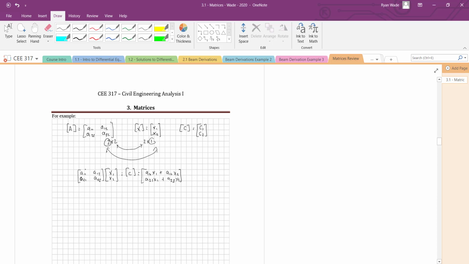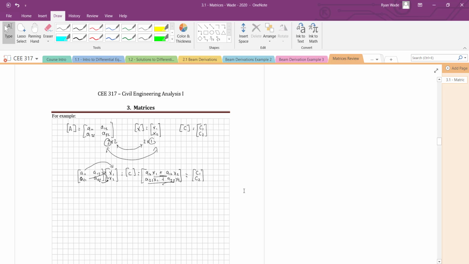So what we're doing is we multiply this number by that number, this number by that number, and that becomes our first entry in the series here. So that's this entry. And then we multiply this one down by that one, and that becomes the second entry in our series, and we add them together.